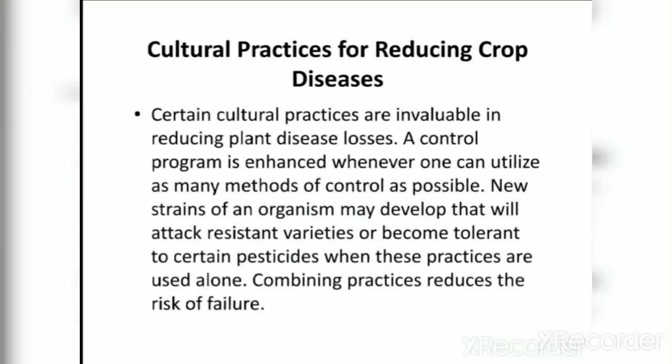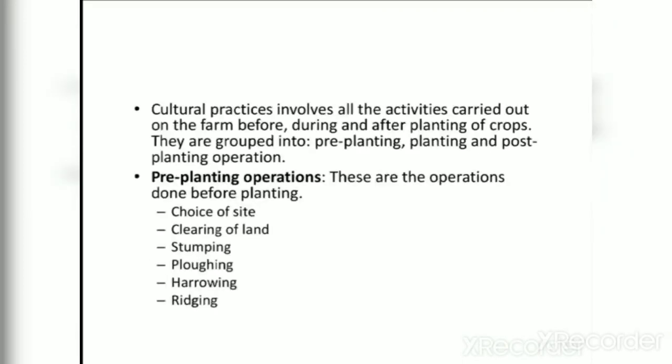So the cultural practices जो रहती हैं they can be done in 3 stages. बेसिकली ये क्या करते हैं, हम 3 stages में यूज कर सकते हैं. Now we can see, जो भी ये प्रैक्टिसेस हैं, फर्स्ट वन इज़ द प्री प्लांटिंग स्टेज, सेकेंड वन इज द प्लांटिंग स्टेज एंड थर्ड वन इज़ एट द post planting stage.